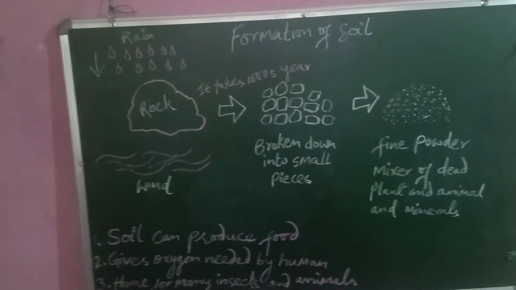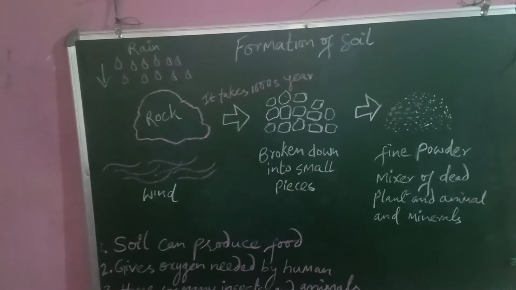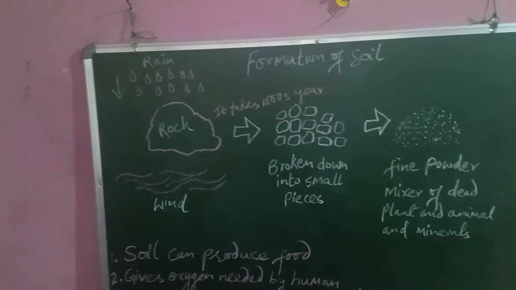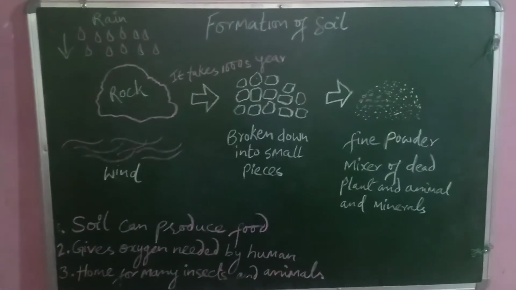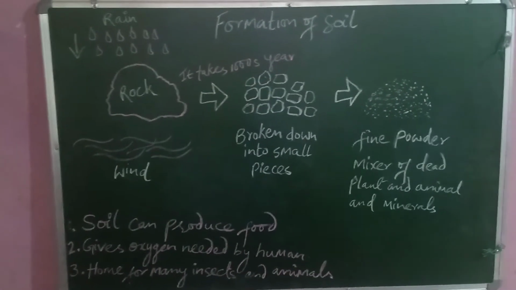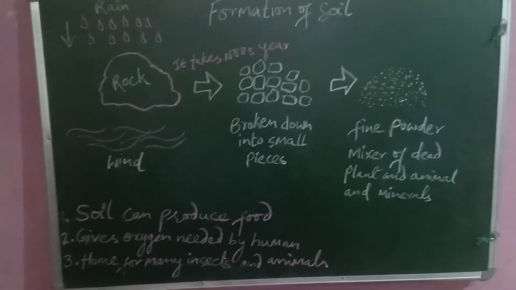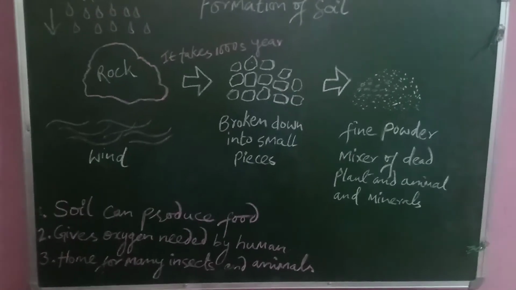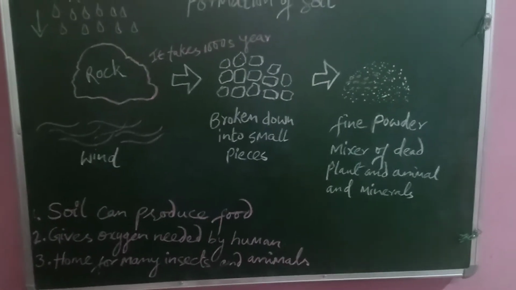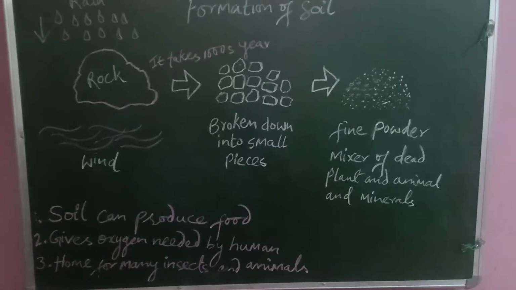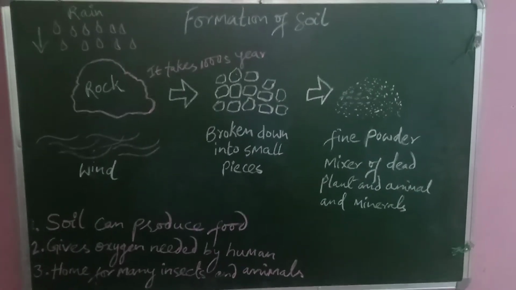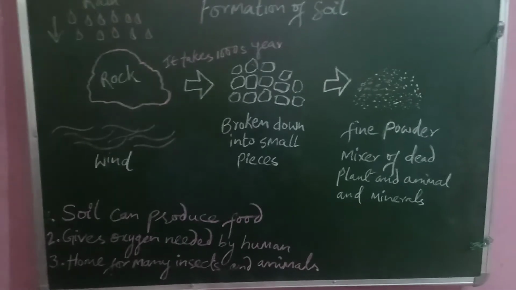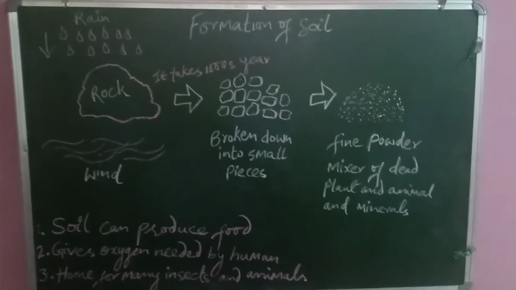They produce food and give out oxygen, which humans and animals need to stay alive. And soil is home to many insects and animals. So soil can produce food, it gives oxygen needed by humans, and it is home for many insects and animals. This is how soil is important for our life on earth.